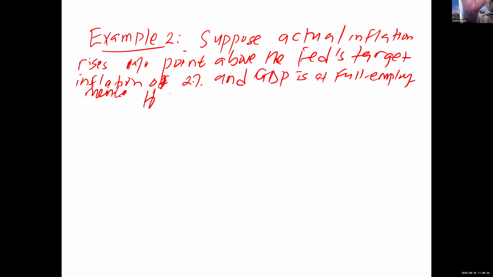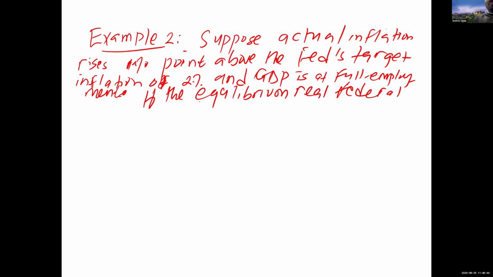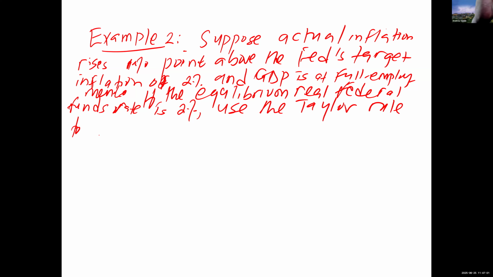Say the equilibrium real federal funds rate is 2%. Use the Taylor rule to calculate the target federal funds rate.